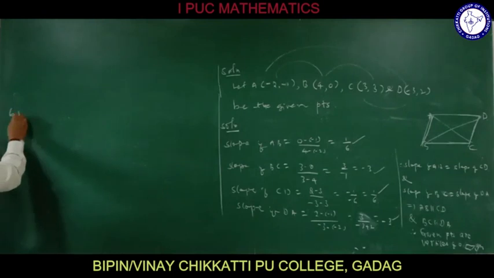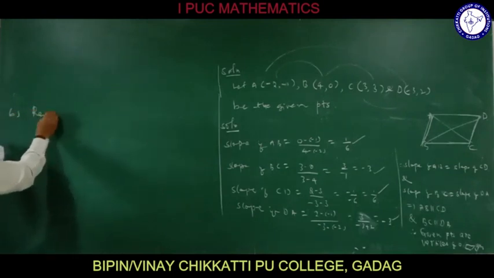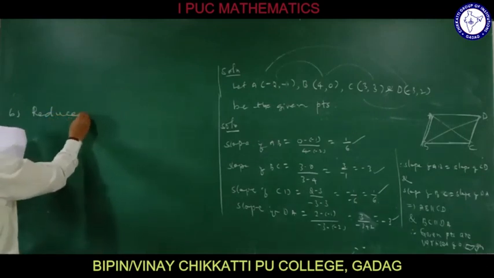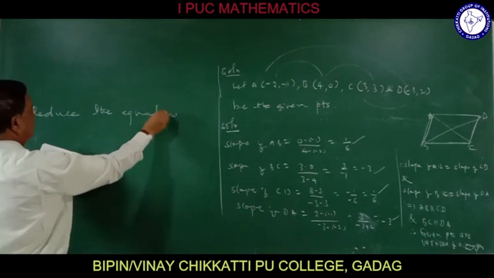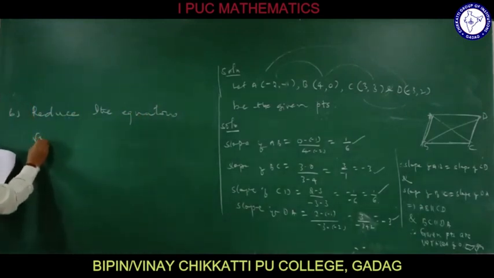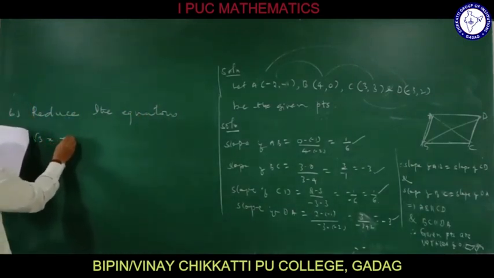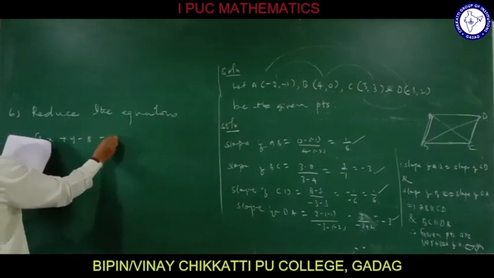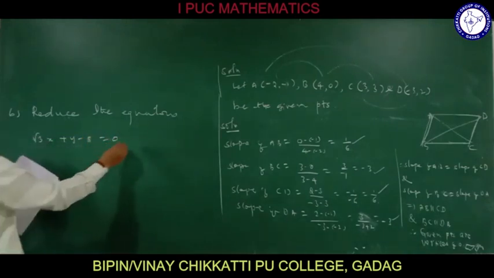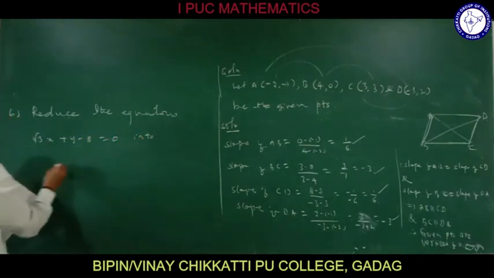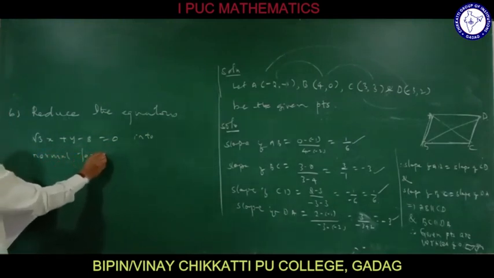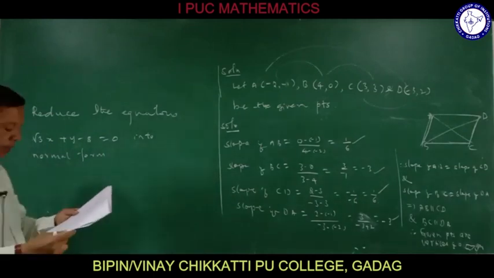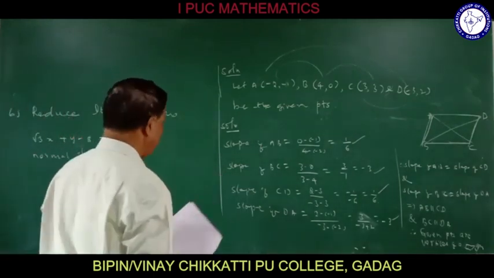Now, see, reduce the equation root 3x plus y minus 8 equal to 0 into normal form. You must know the normal form of the line, and accordingly you have to see that.